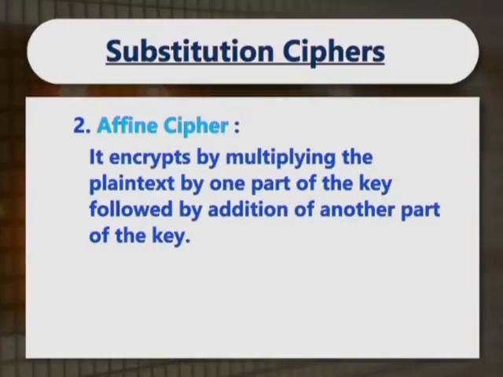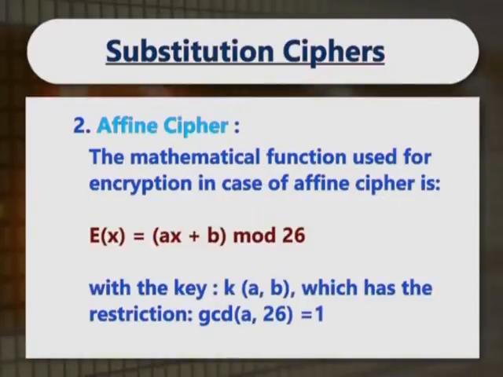The affine cipher encrypts by multiplying the plain text by one part of the key, followed by addition of another part of the key. The mathematical function used for encryption in the affine cipher is E(x) = (ax + b) mod 26, with the key (a, b), which has the restriction that GCD of a and 26 is equal to 1.